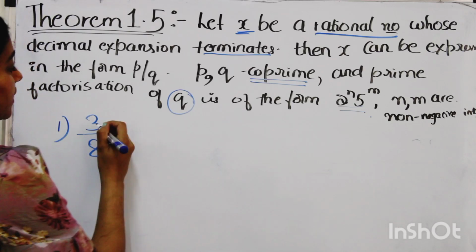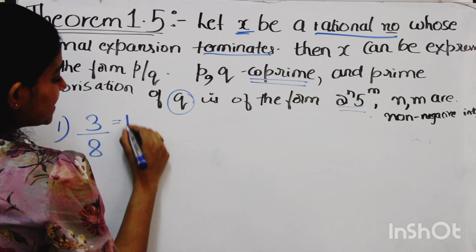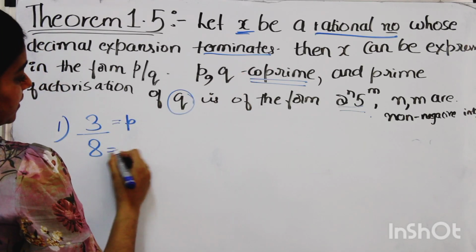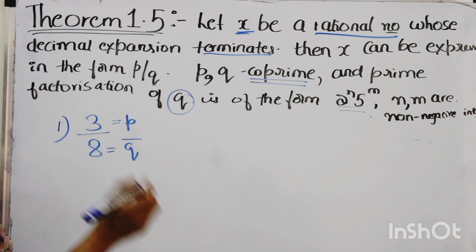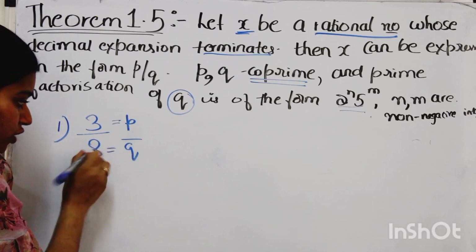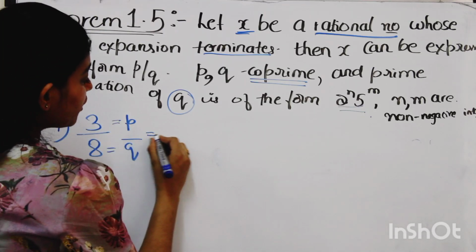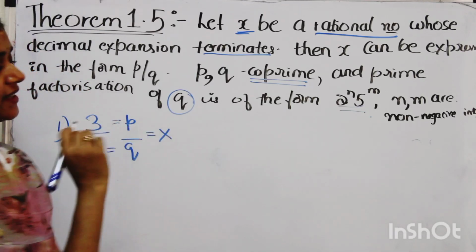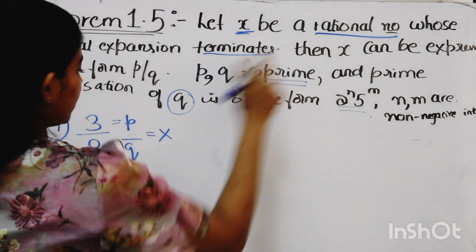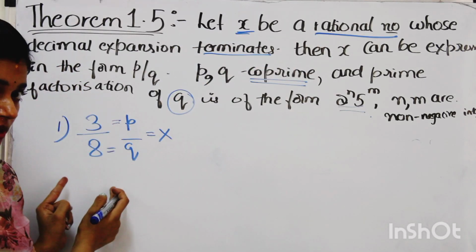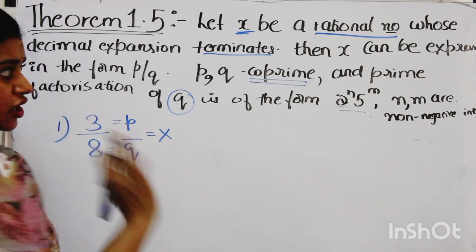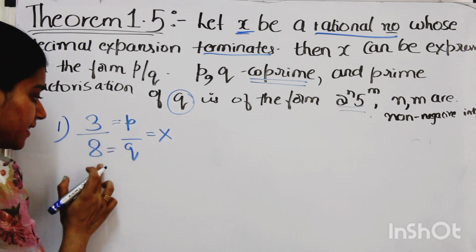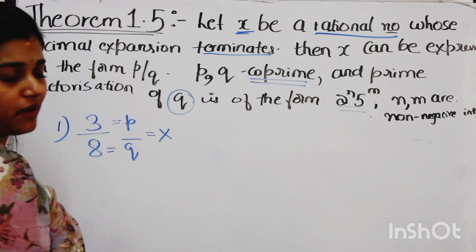So here 3 is p and 8 is q, because 3 by 8 is a rational number written in the p by q form. So p is equal to 3, q is equal to 8. Totally we call this x. Let x be a rational number. This whole term 3 by 8 is x, where p and q are co-prime.